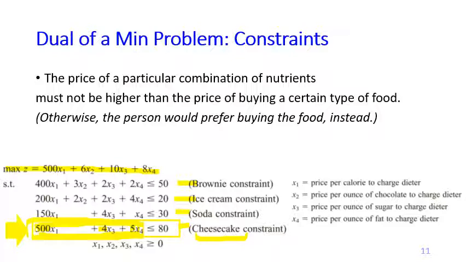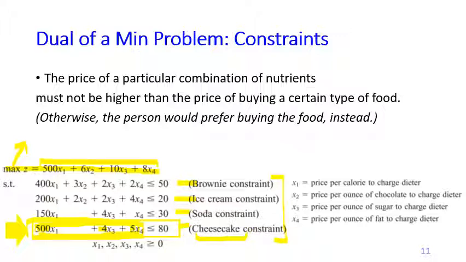If the total price of the combination that you sell to me is exceeding this one of this food, then I would prefer to just buy the food directly instead of buying the nutrients from you. So the salesperson must satisfy all these constraints while at the same time trying to maximize the total revenue that the salesperson obtains from selling all these nutrients.